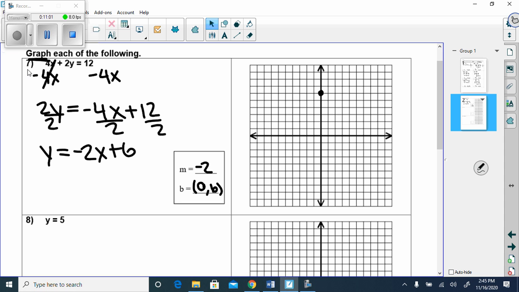That tells me my movement, right? Up and over, or down and over. So how much should I be going up or down? Down 1, over 2. Down 1, over 2.